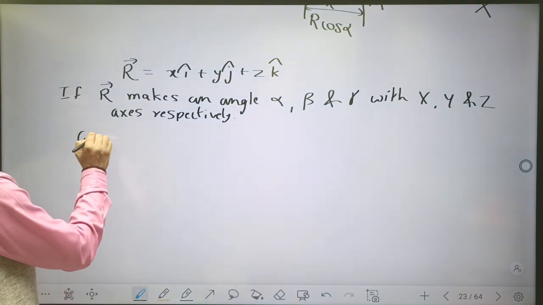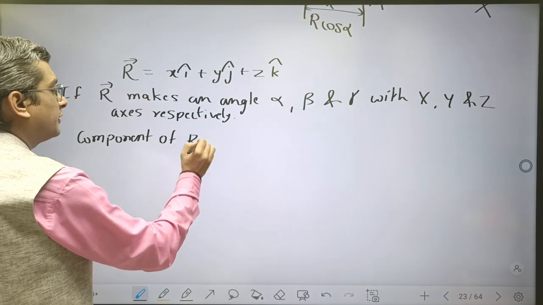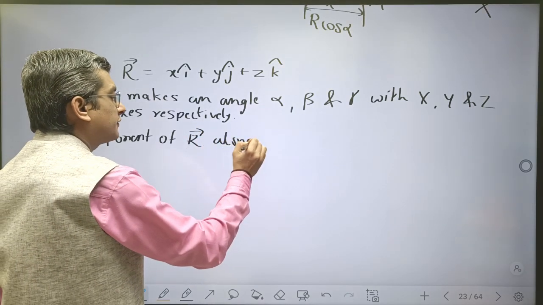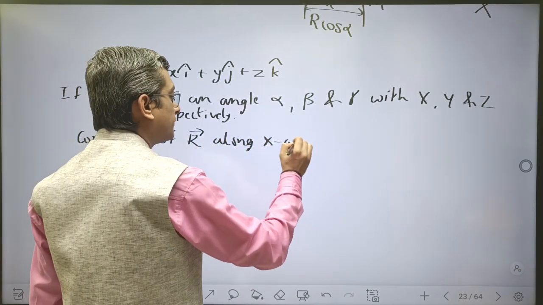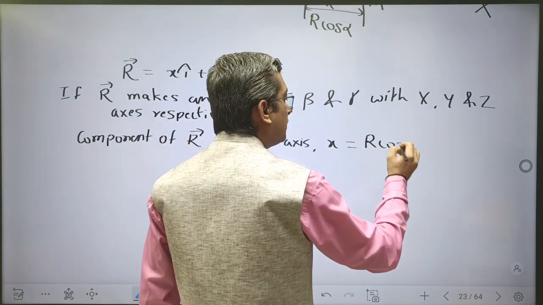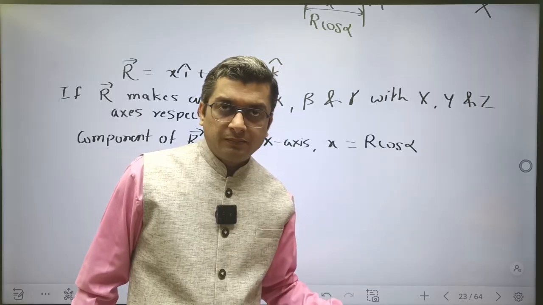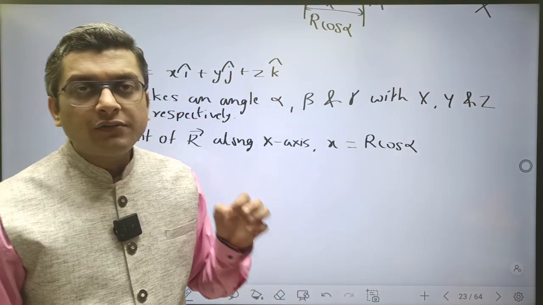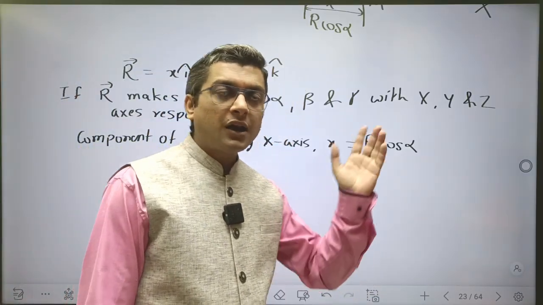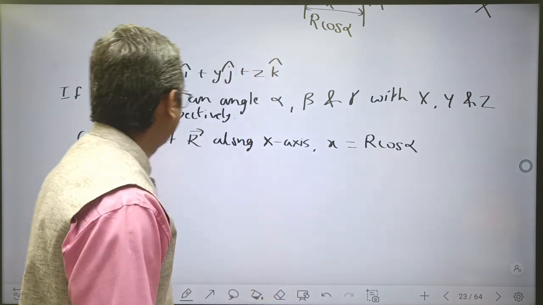The component of vector r along the x axis is given by x is equal to r cos alpha. Why? Because r makes an angle alpha with the x axis. It means that alpha is the angle between vector r and the x axis.